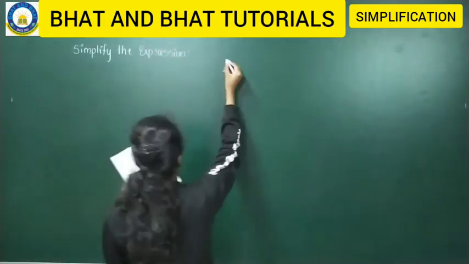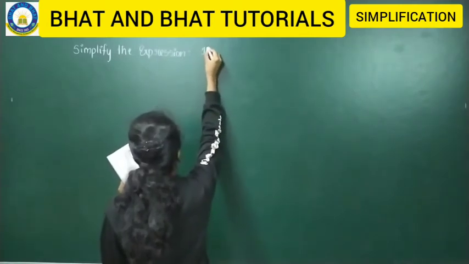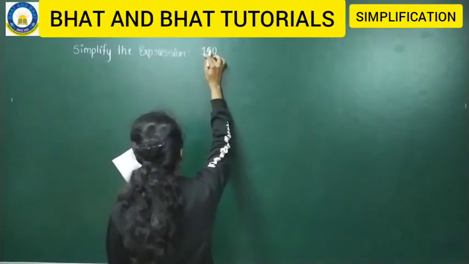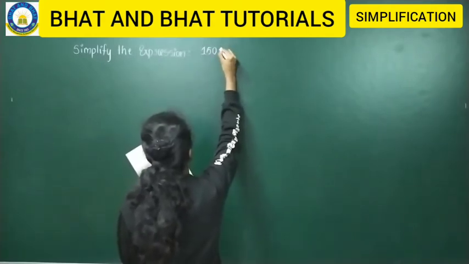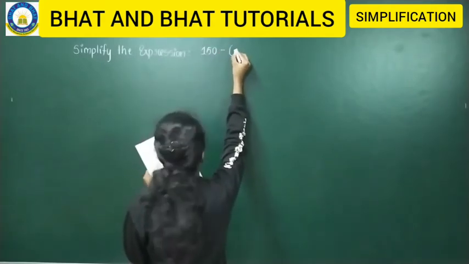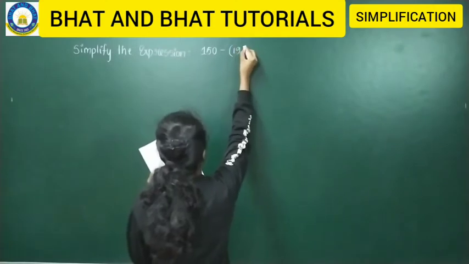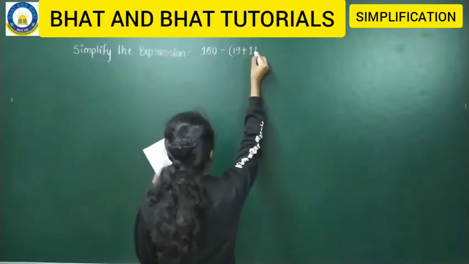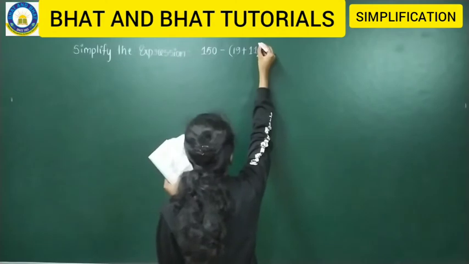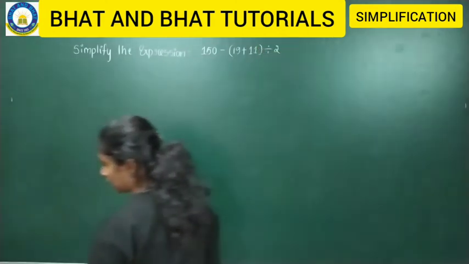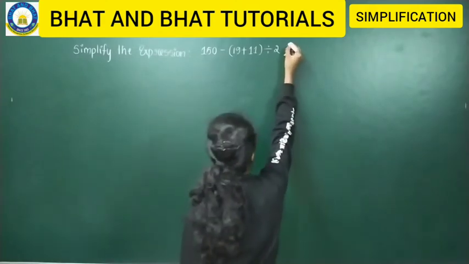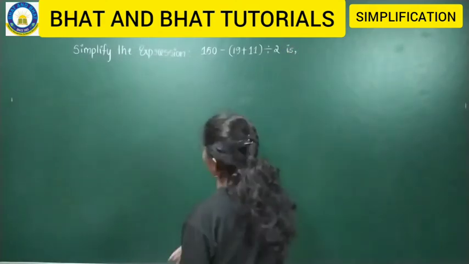The expression is 150 minus, inside the bracket, 19 plus 11, close the bracket, divided by 2. So this is your question.